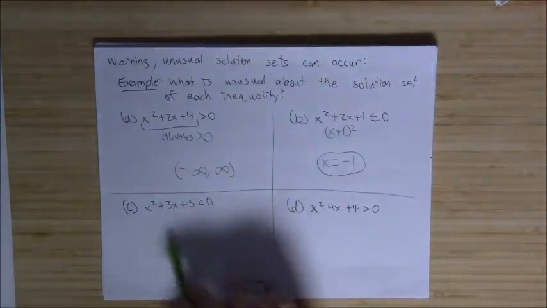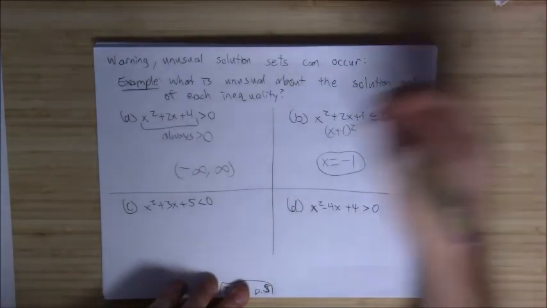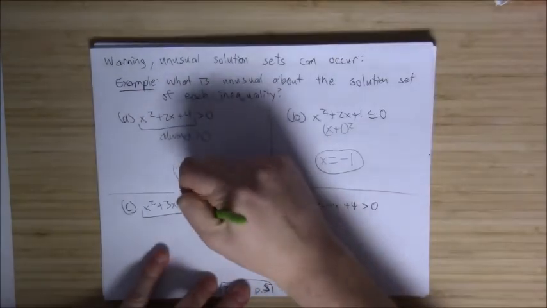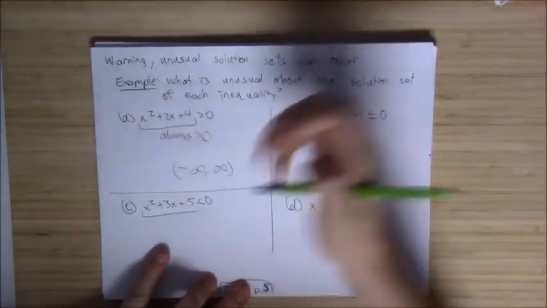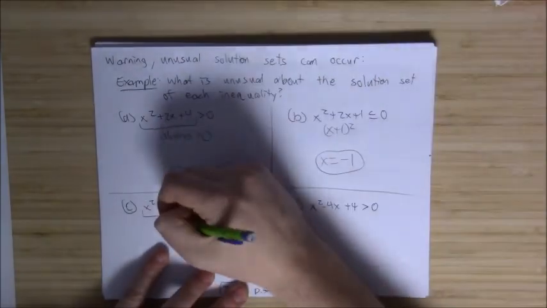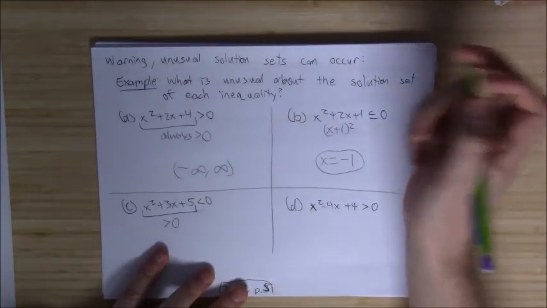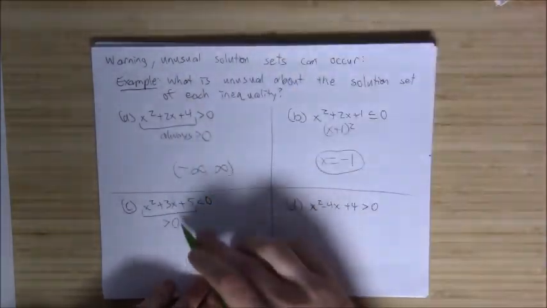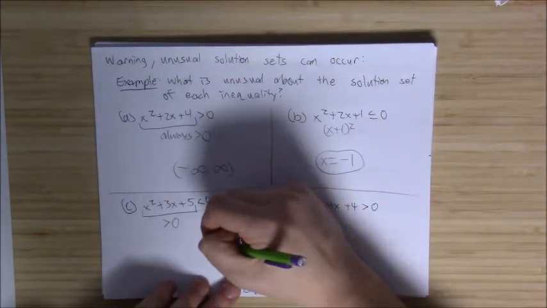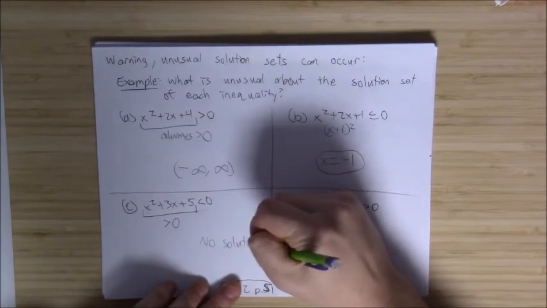Similarly, down here, because this is always greater than 0, we get that the solution set is going to be empty. There's no solutions to this because it's never greater than 0.